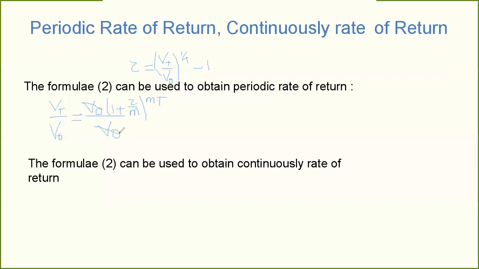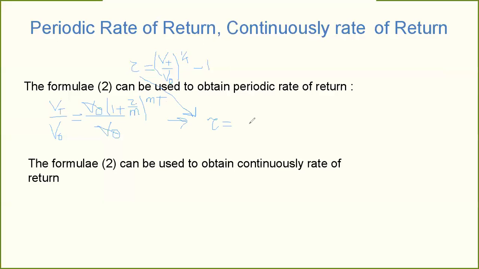So it is crossed out, and from this formula R little equals this expression in brackets to the power 1 divided by t.